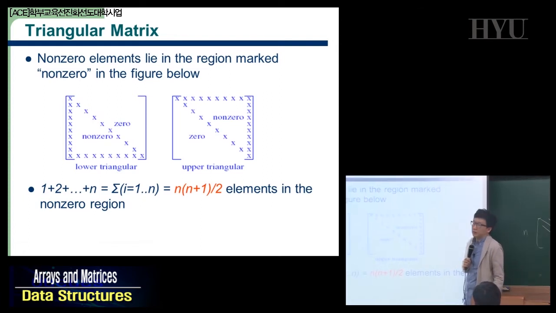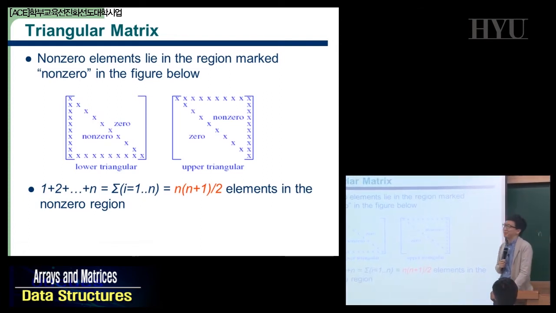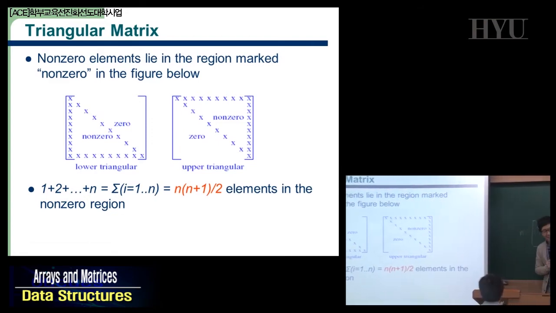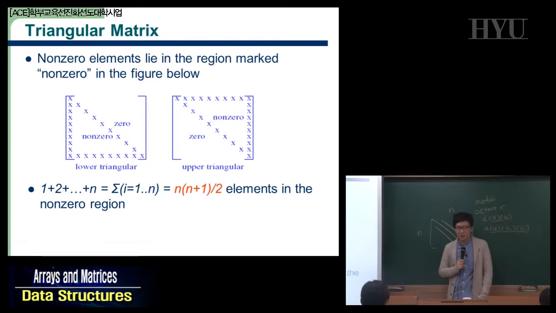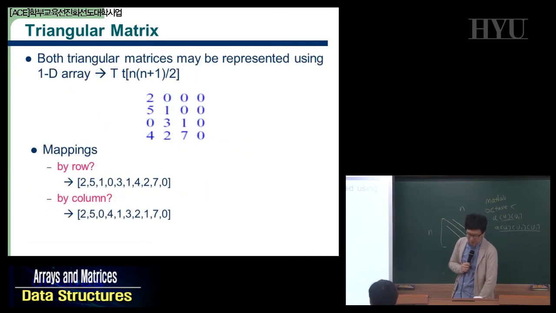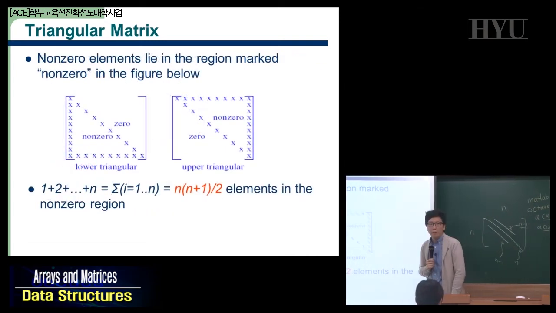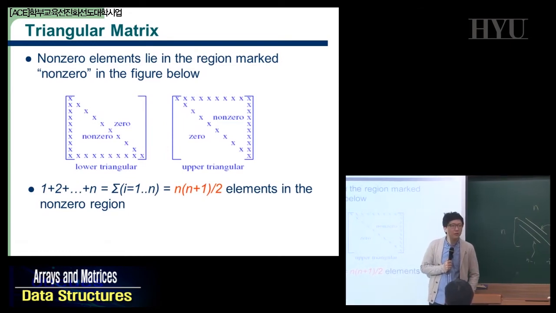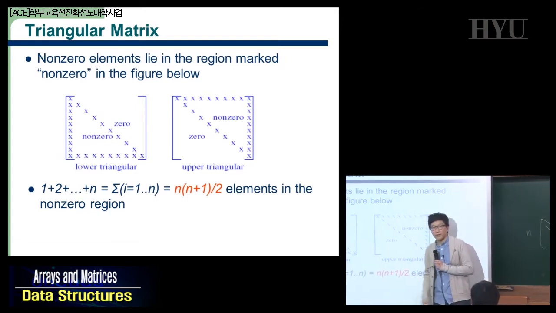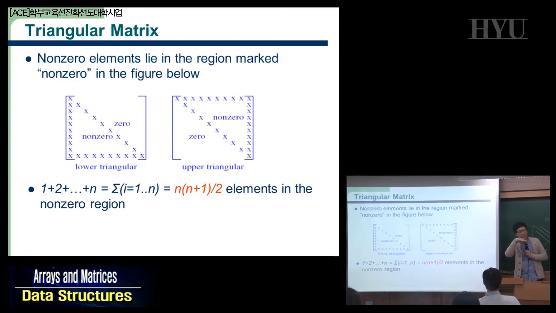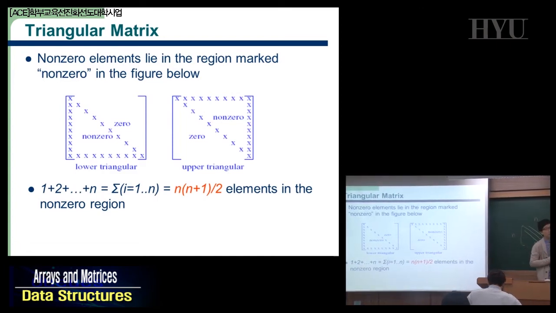So n times n plus 1, not n minus 1, n times n plus 1 divided by 2 is the number of elements in the non-zero region. Still, the upper bound of this implementation is n squared, n times n, if it's the worst case. But this is the actual minimum number that we can have in this implementation.